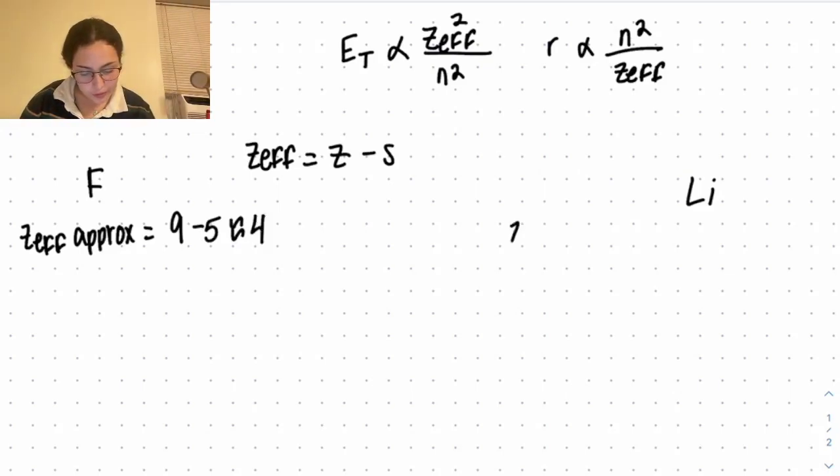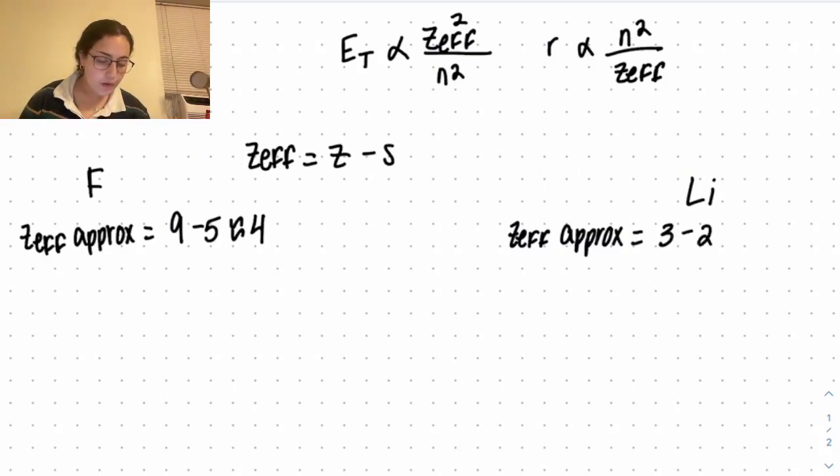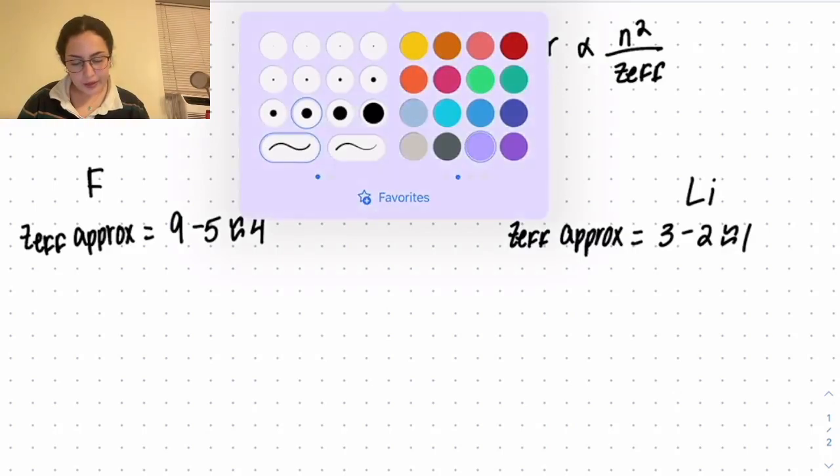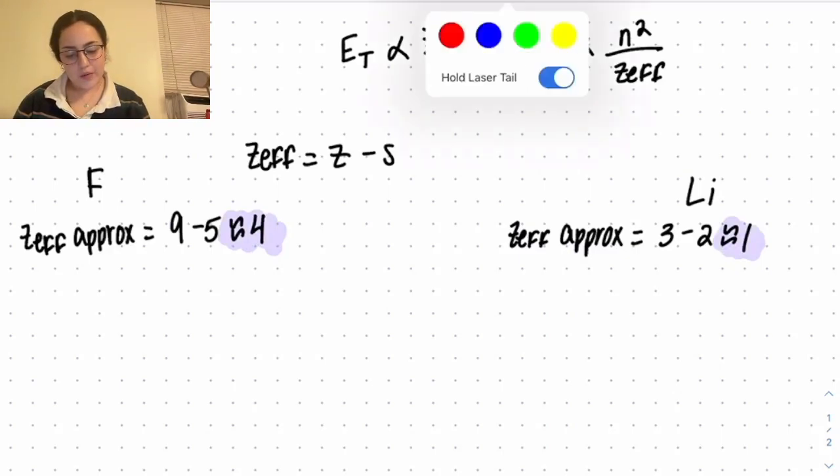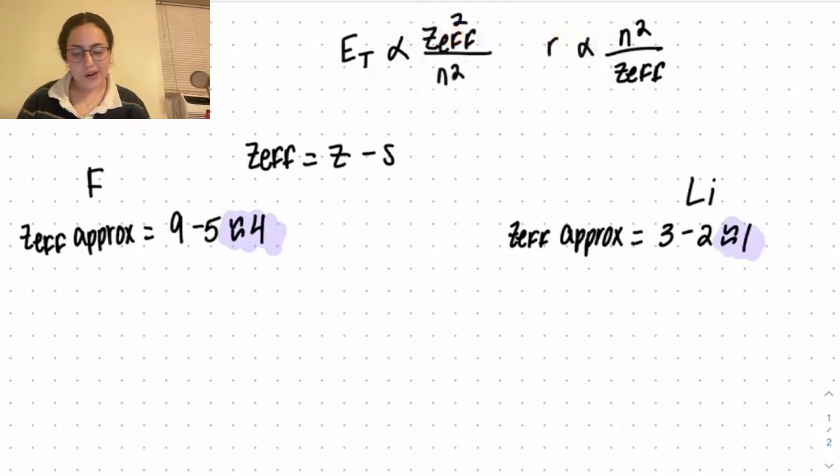And for lithium, we have a Z effective approximately 3 minus 2, which gives us an approximation of 1. So now we have our approximate Z effective of both fluorine and lithium, and now we can look at our proportionalities.